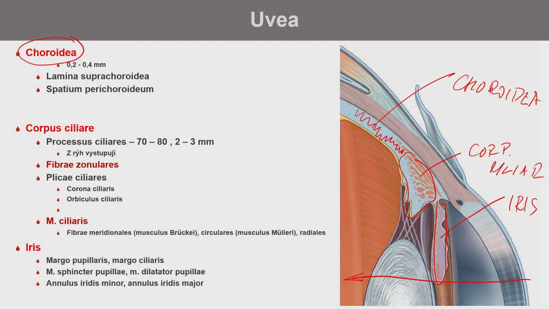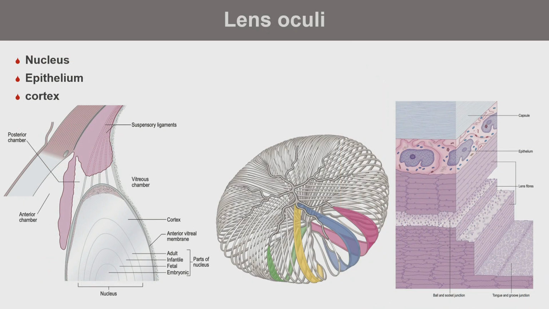The ciliary body, due to tendinous structures, is able to release those tendinous fibers or make them tense, and then they change the shape of the lens, and then the light is falling into the proper part of the retina.